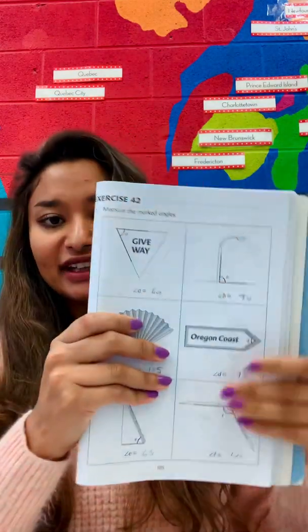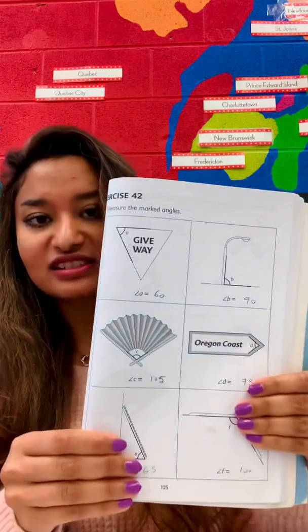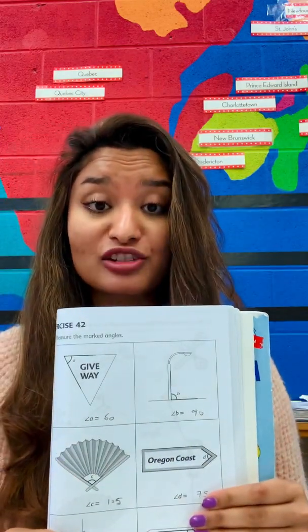Now, in this exercise, we are looking at measuring our angles. How do we measure our angles? If you remember from yesterday's lesson, what's a 90-degree angle? A 90-degree angle that comes right down and across is a right angle, right?